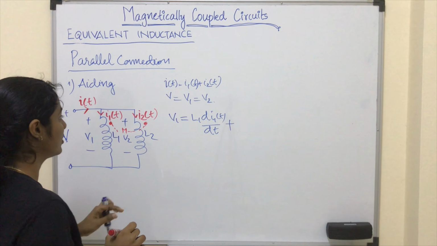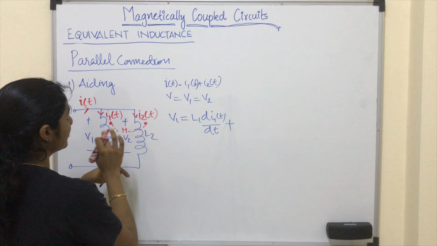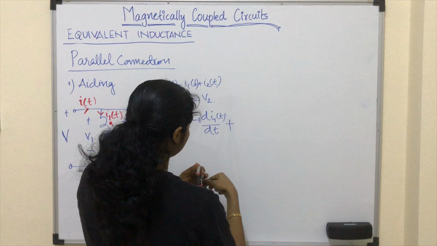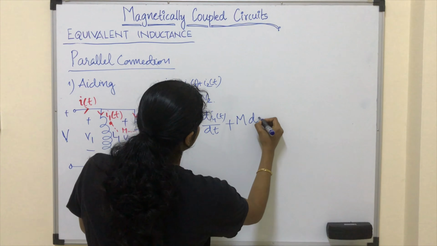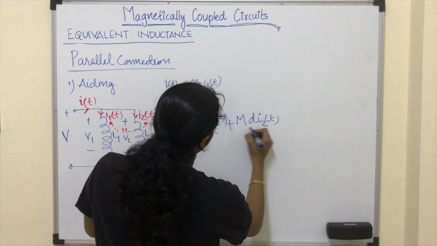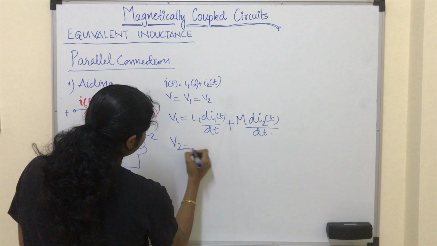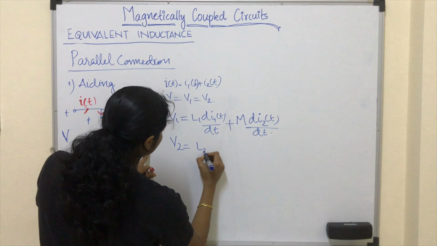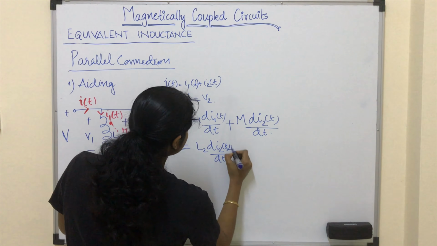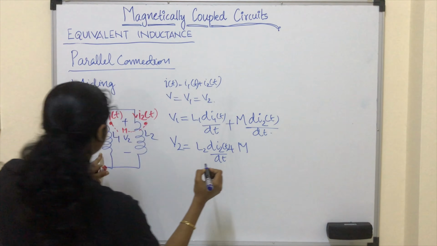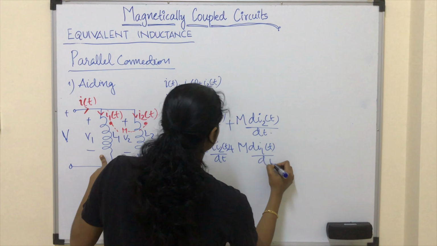So due to the current passing through the other coil, the mutual induced EMF is nothing but M into di2 of t by dt. And V2, in the same way, is L2 into di2 of t by dt plus M into di1 of t by dt.